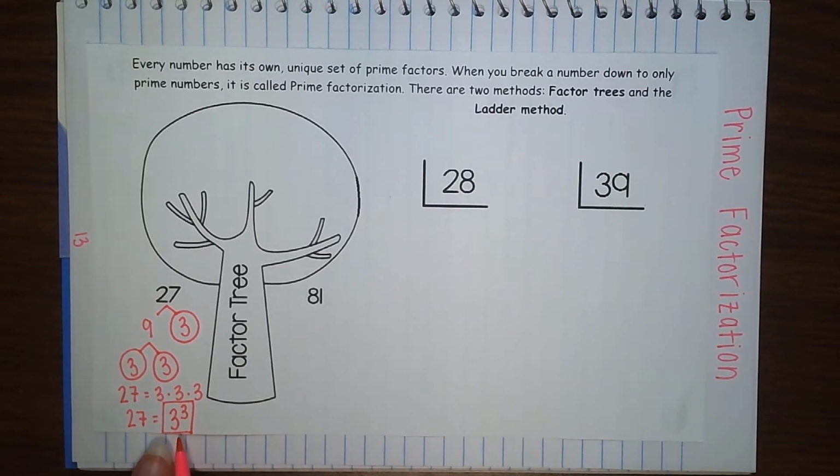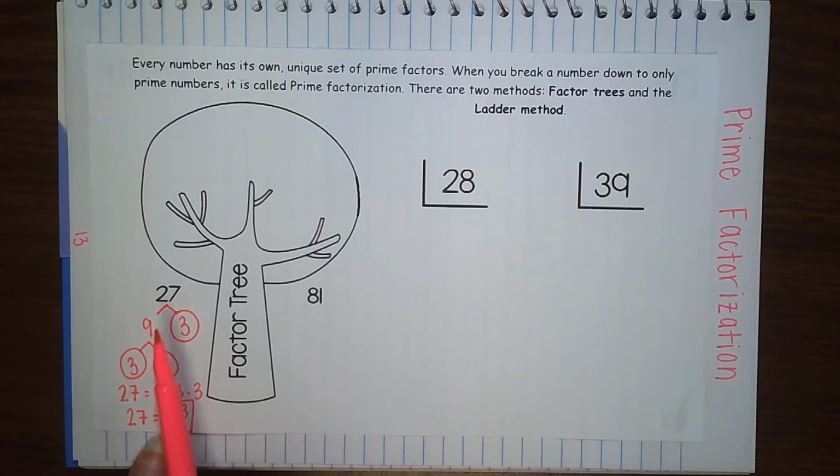I know that it's true because if I multiplied 3 three times, it would give me 27. 3 times 3 is 9. 9 times 3 is 27. So this is unique to 27. No other prime factorization will be 3 cubed, not unless it equals 27.